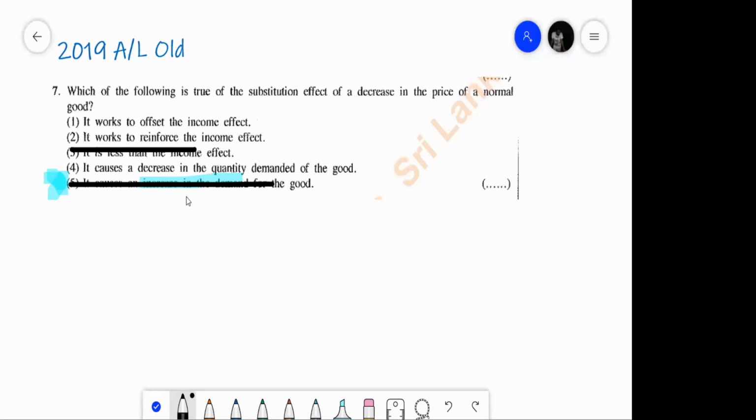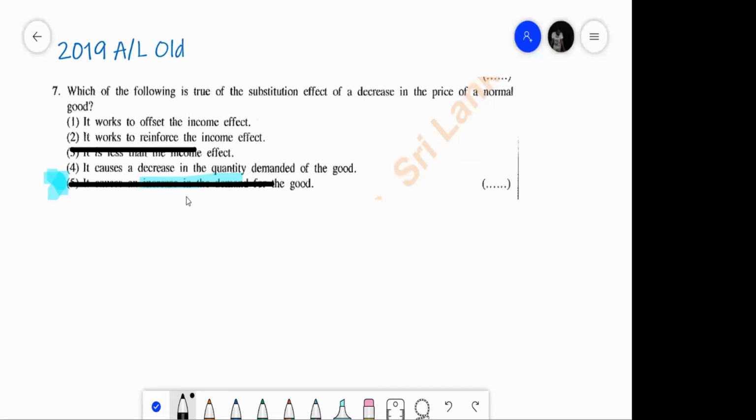Then remember, substitution effect, I said, always complies with the law of demand. Remember that part that I said last class? I said if the price decreases according to the substitution effect, always quantity demand will increase. If the price increases according to substitution effect, always quantity demand will decrease. I said no matter what, it's the income effect that causes that change.